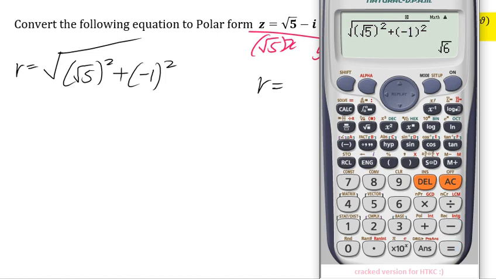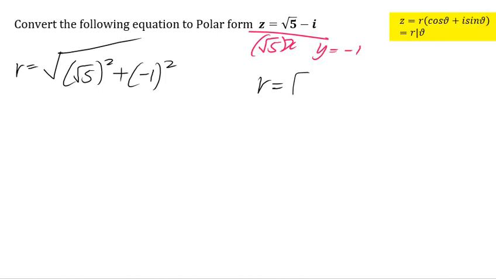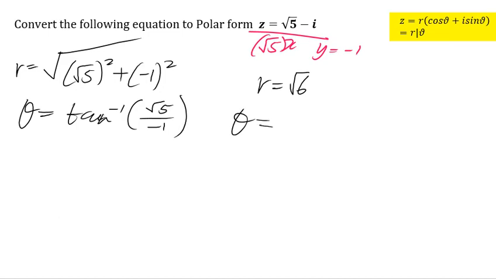Root 6. So we're going to have a root 6, and then theta will be equal to arctan of root 5 divided by minus 1.